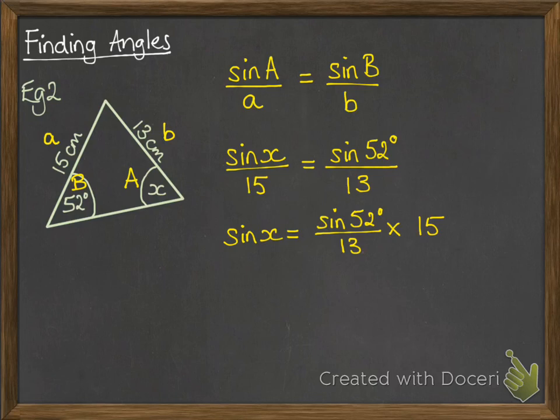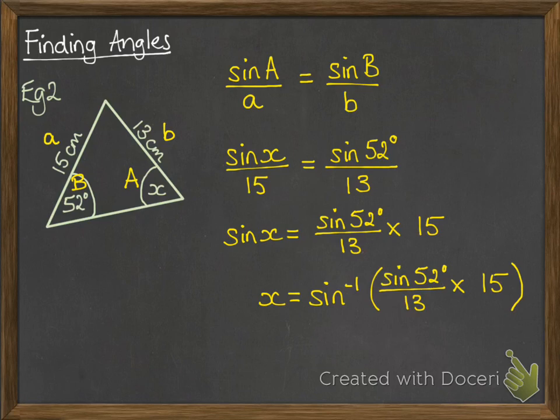We're told that sine x here equals this sine 52 over 13 times 15, so we need to use inverse sine to work out what x is on its own. So you just press shift and sine on your calculator to get that inverse sine, plug it all in, and you've got your answer for what the missing angle was.